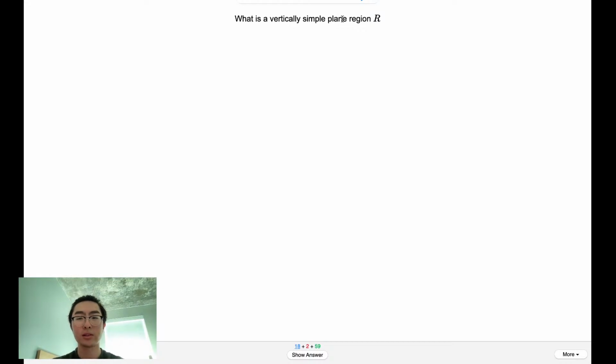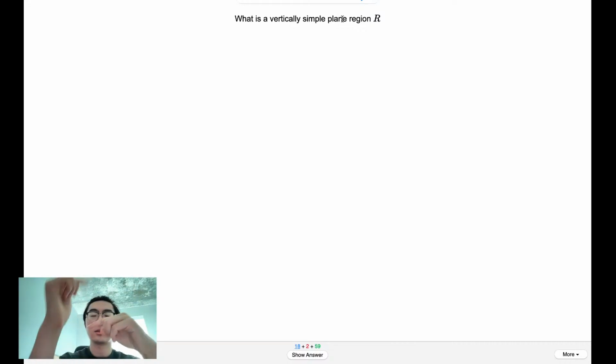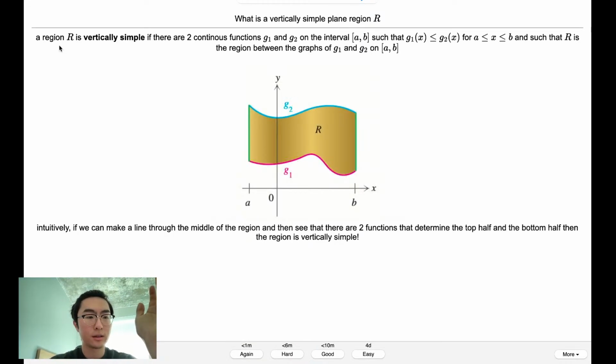But a vertically simple region, I think, should be a plane in which, if you draw a vertical line through the plane at any point or any region, then the line should only intersect the outer boundary of the region twice. I think that's what vertically simple means.